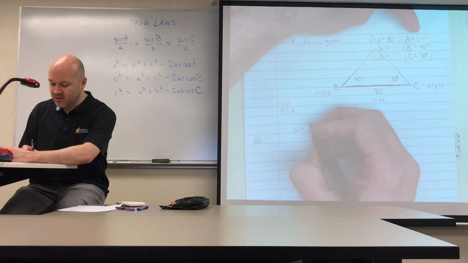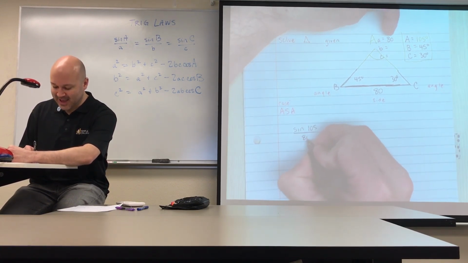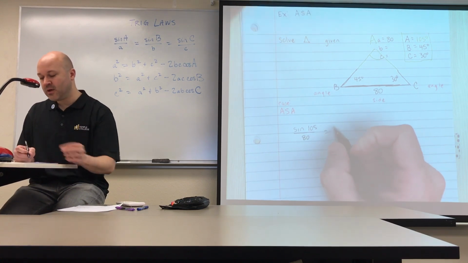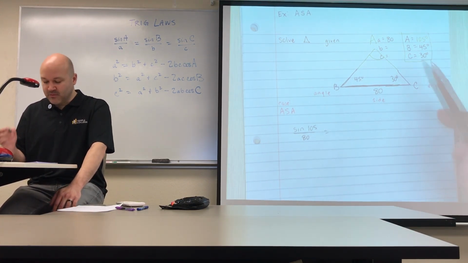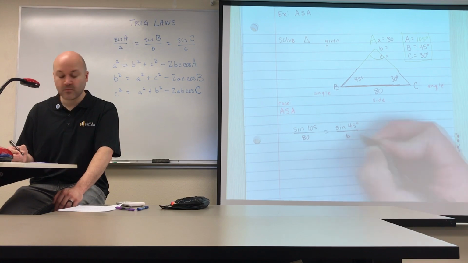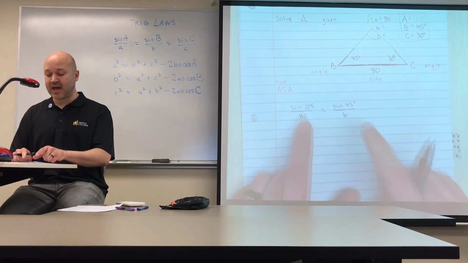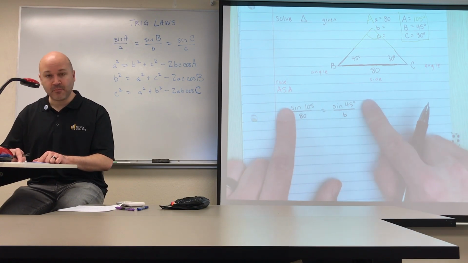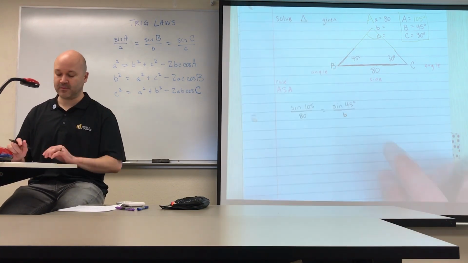Sine of angle A over A will equal, and I could do either one, sine of B over B. Let's just do that. Pair of information, I now have 3 pieces of the triangle, so I can solve for that 4th one.